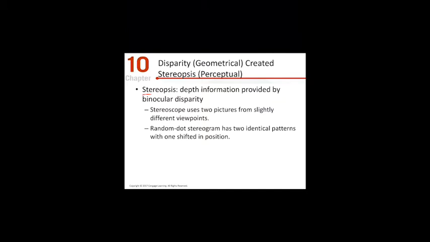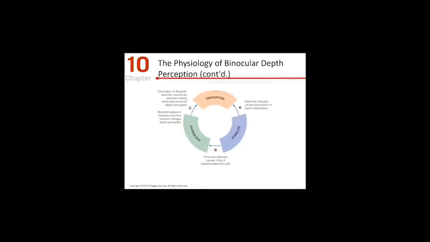So again, the point behind this, and we've talked about this over and over again, is it's important to look at the physiological side of things and the perceptual side of things, and how it is that we're able to perceive it. We can check if neurons are firing, but if the person says, I don't see that, it doesn't really matter, because the person isn't perceiving it.